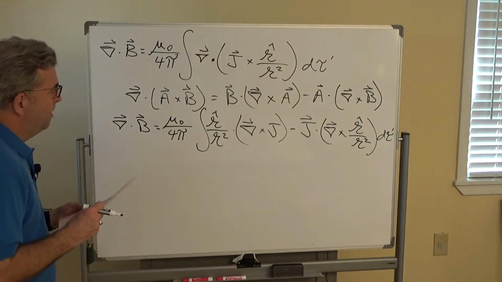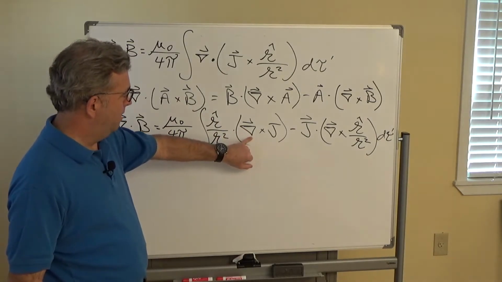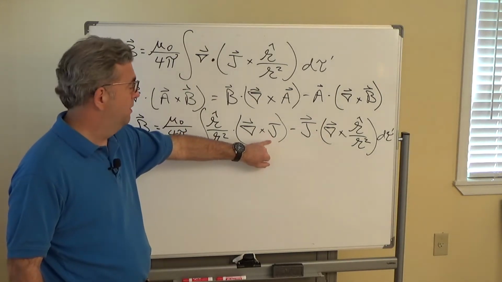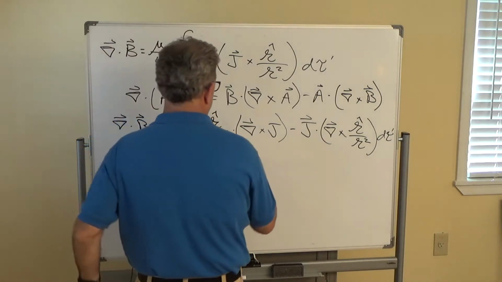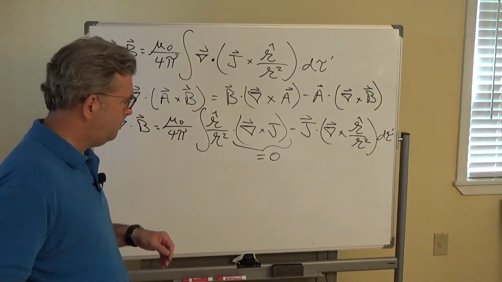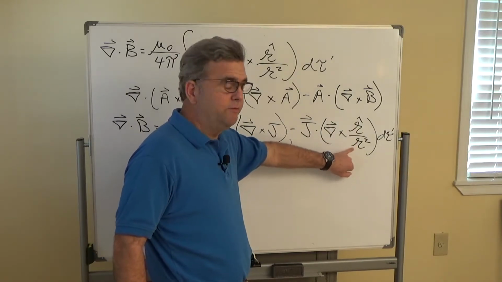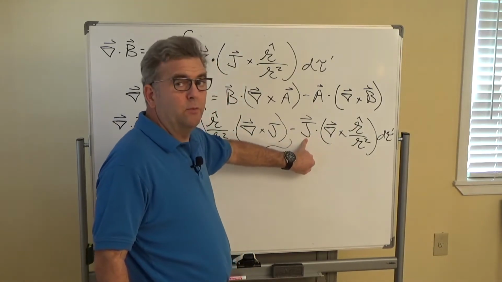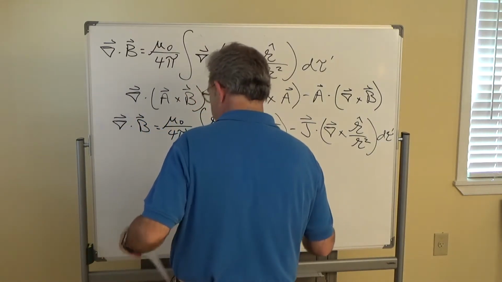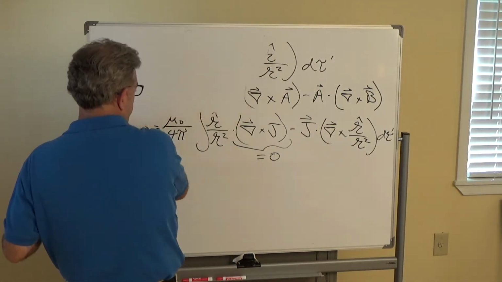But this is a field operator operating on the source, so it is equal to 0. This term will survive: a field operator operating on field variables, dotted with the source current. Let's see if we can calculate that.